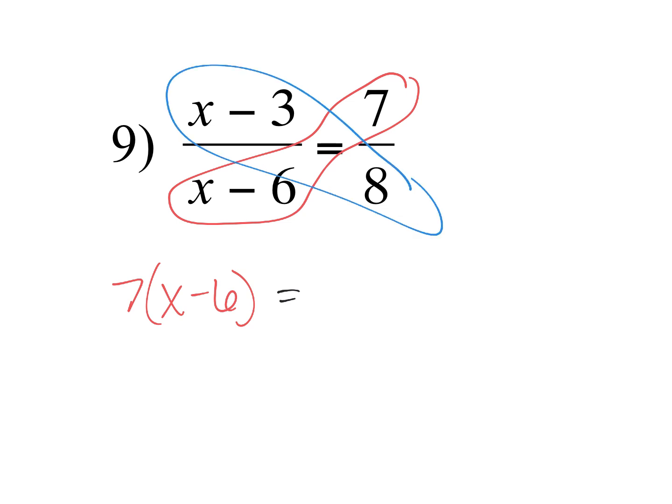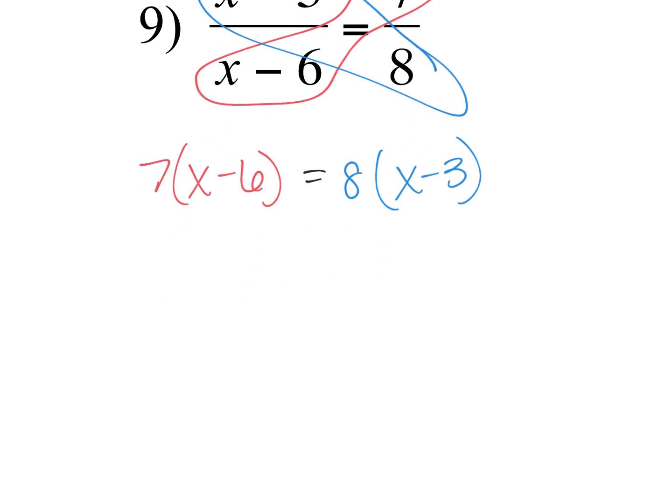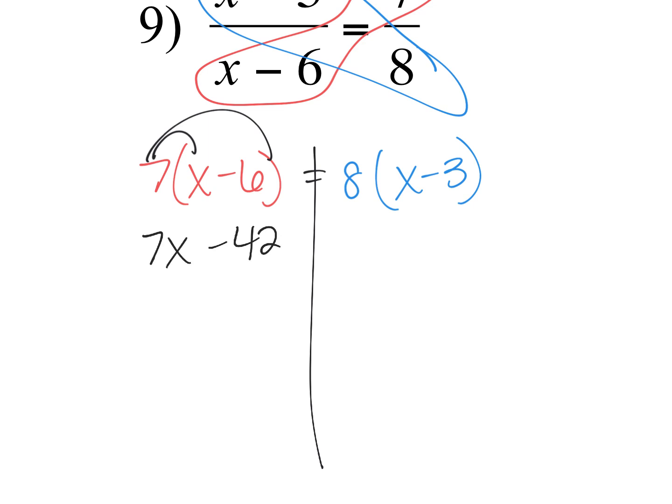Then on this side, we have 8 parentheses x minus 3. Go slow. So we need to distribute. That would give you 7x minus 42. And you might as well distribute the other side too while you're here. So 8 times x would be 8x. 8 times negative 3 would be negative 24.